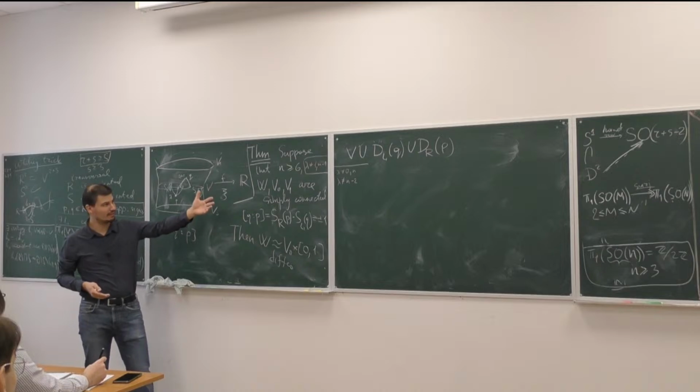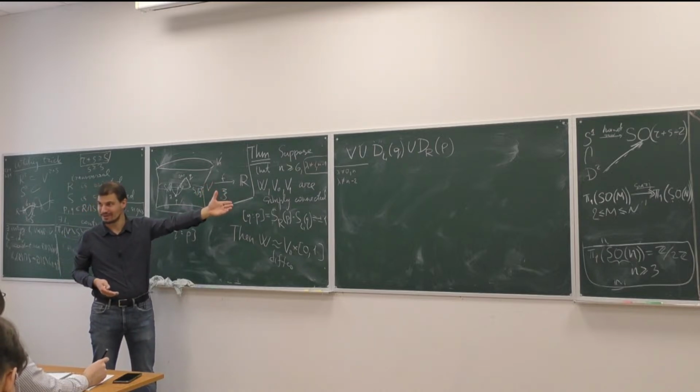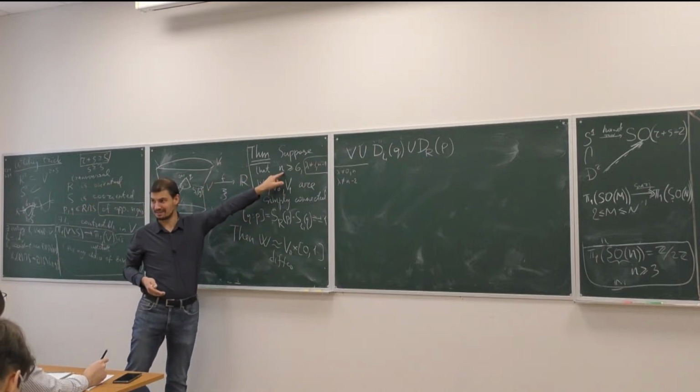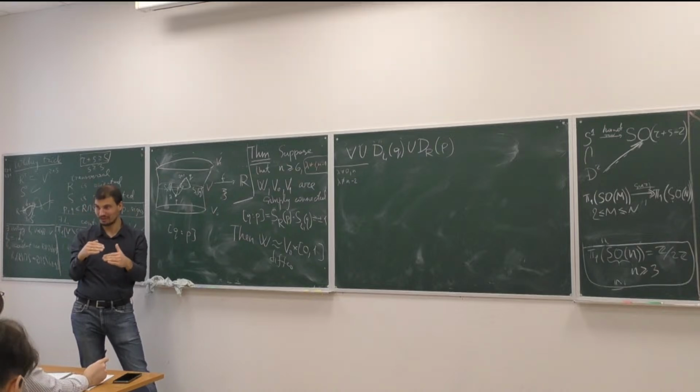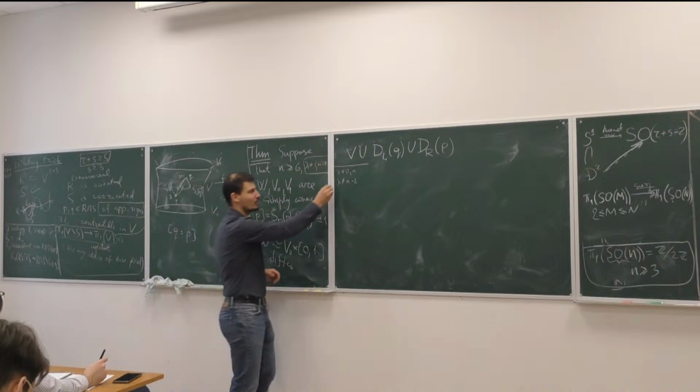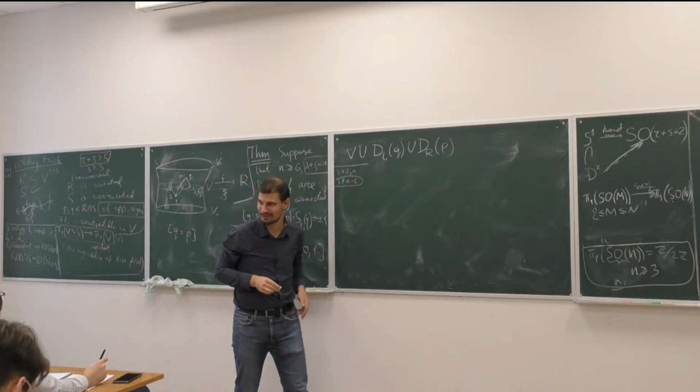So if lambda is n minus 2, and since n is at least 6, we can easily pass through n minus 2 and n minus 3 to points of index 2 and 3. So this is not a restriction at all.